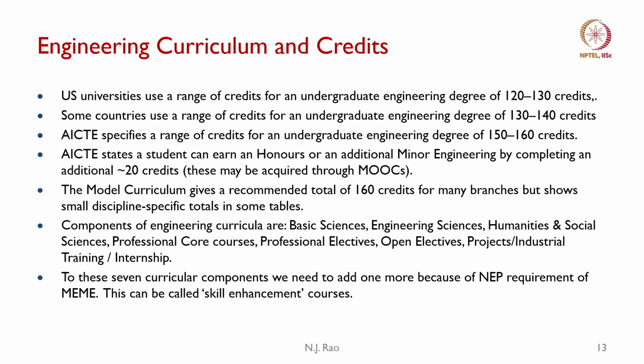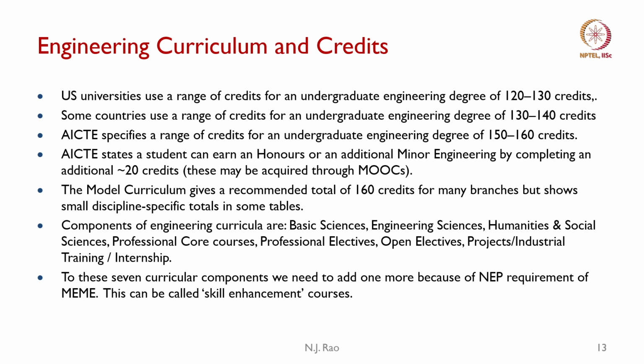And then in India, components of engineering curricula are divided into 7 categories: basic sciences, engineering sciences, humanities and social sciences, professional core courses, professional electives, open electives, projects, industrial training or internship.